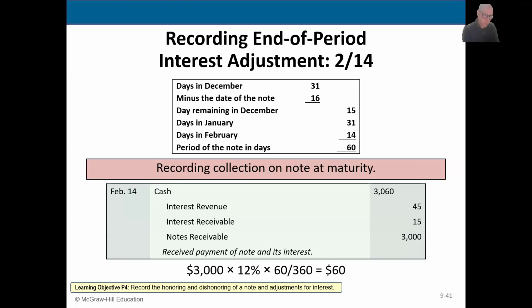I'm sorry, the total would have been 60, but we've already accounted for 15. That gives us a difference of 45. You see? So we debit cash, 3,060, credit interest revenue, 45, credit interest receivable, 15, because we're converting that to interest revenue, or we already did at the end of the prior year. And we credit the note receivable of 3,000.